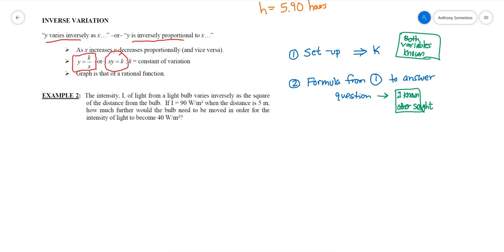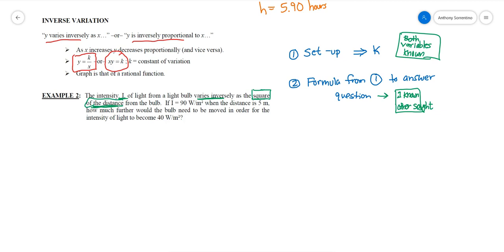So we're told that the intensity I, and they're actually giving me a variable here, varies inversely as the square of the distance from the bulb. So it's giving us a formula, but it's a little different here. It is mentioning the square of the distance.